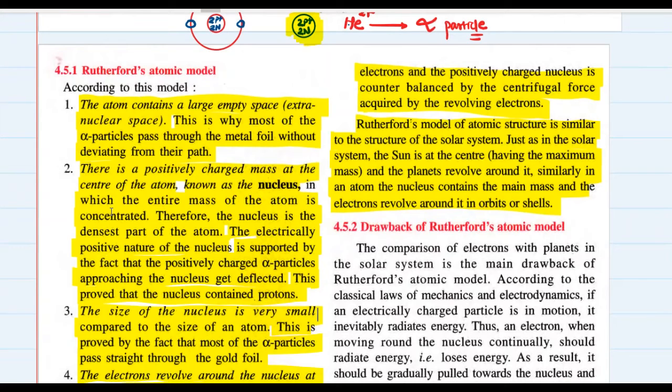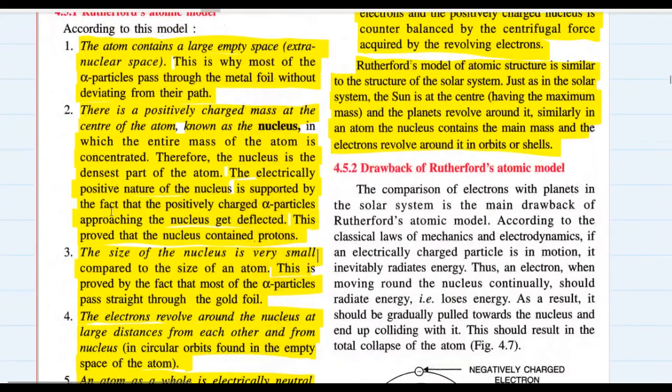Now, in Rutherford's atomic model, there are some drawbacks. As I can understand, he did not talk about neutrons, right? That was the first drawback. In his model of an atom, in the nucleus, there were only protons, no neutrons. He did not talk about it. He did not know about it, maybe.